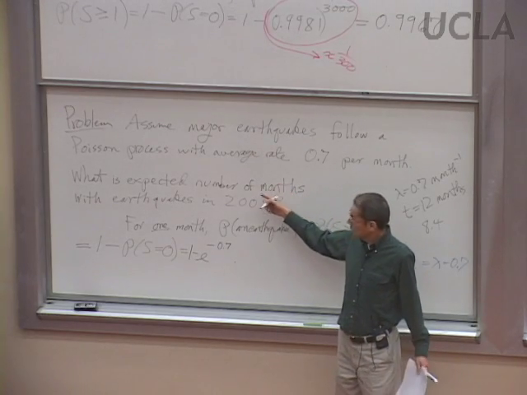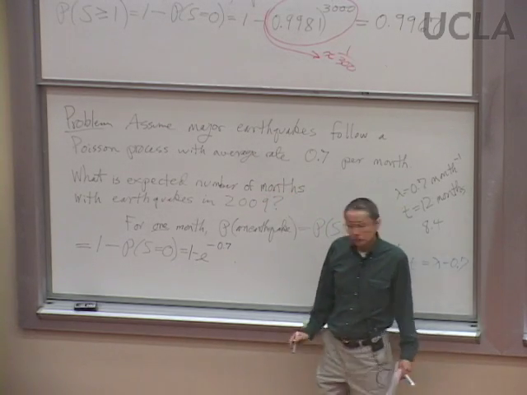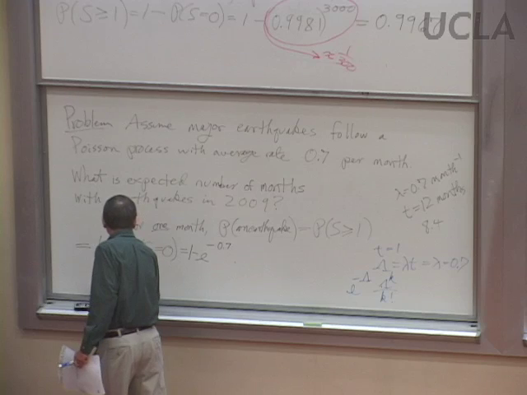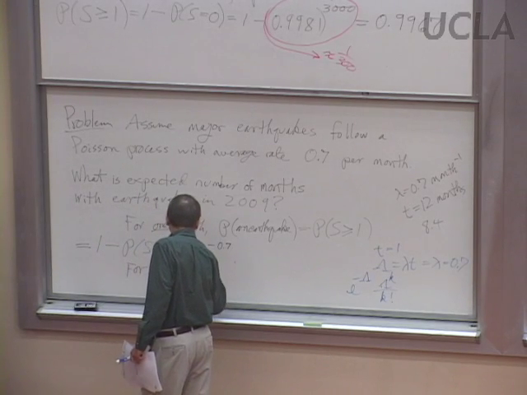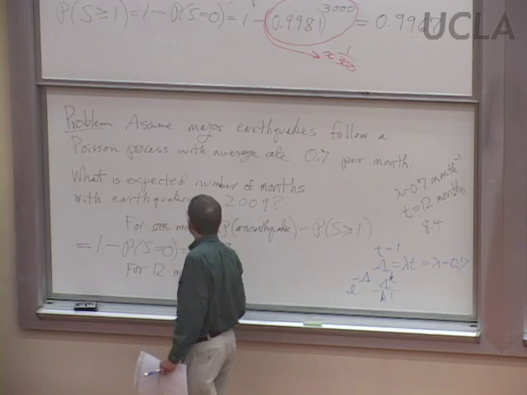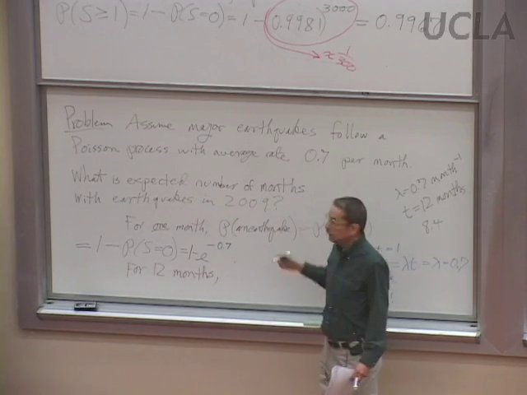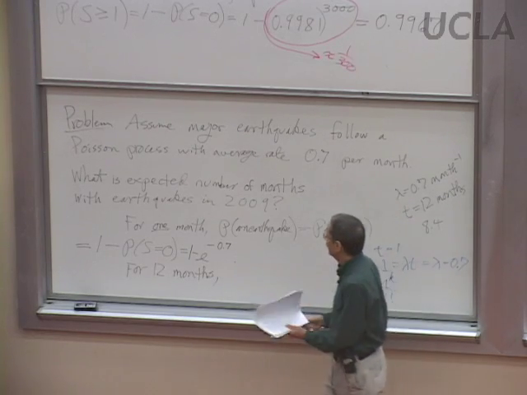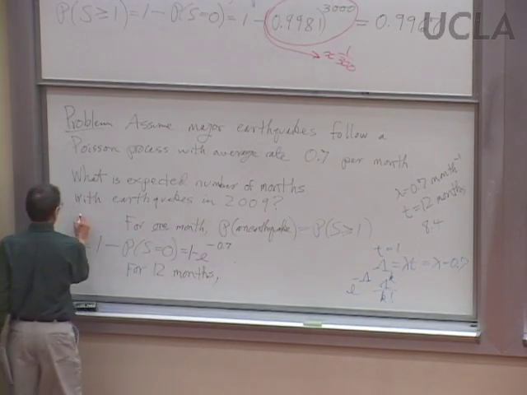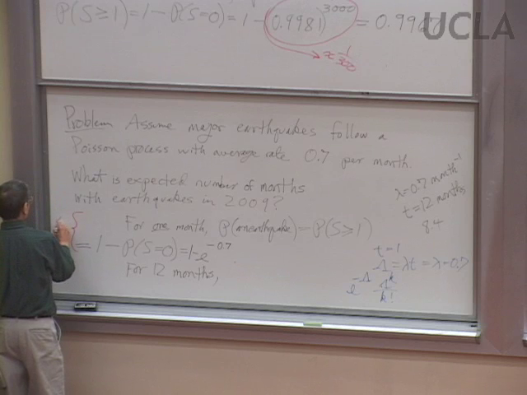But what we want is now for 12 months, the expected number of earthquakes. Well, this part of the problem is Poisson.